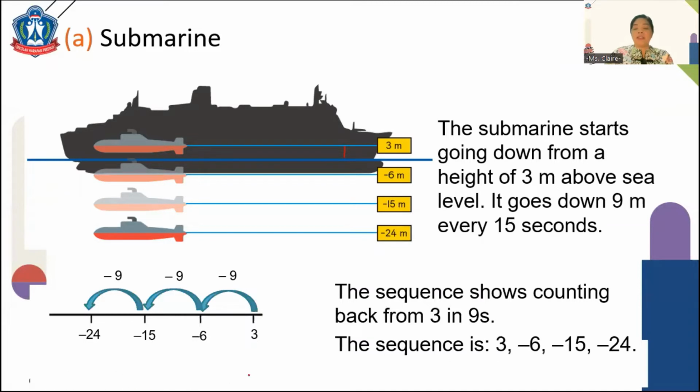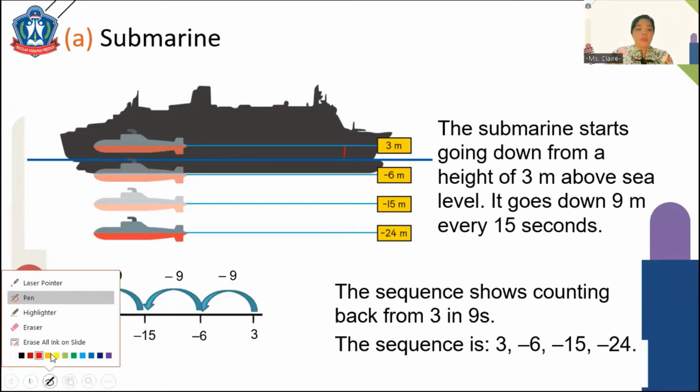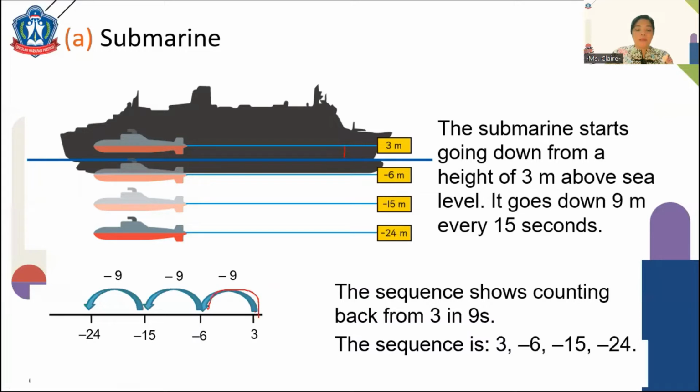So the sequence is 3, negative 6, negative 15, negative 24. So after 45 seconds, it is already negative 24 meters below the sea level.